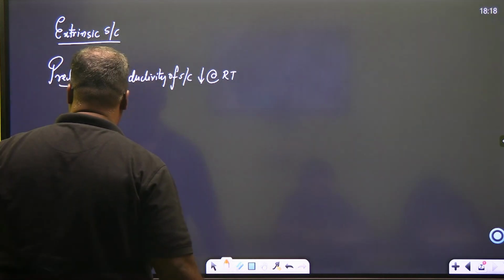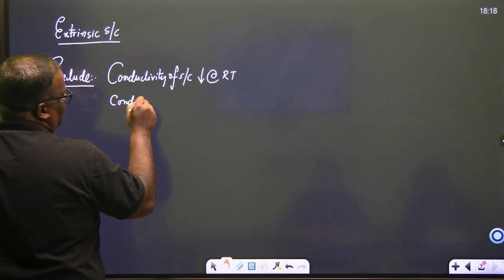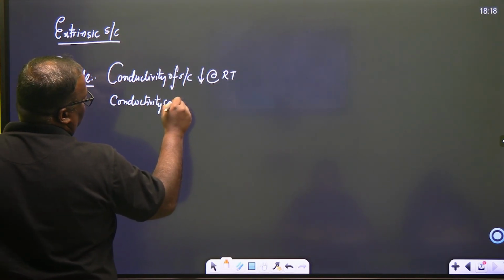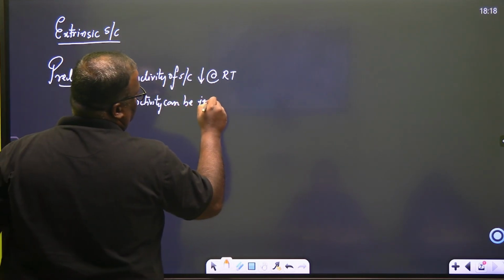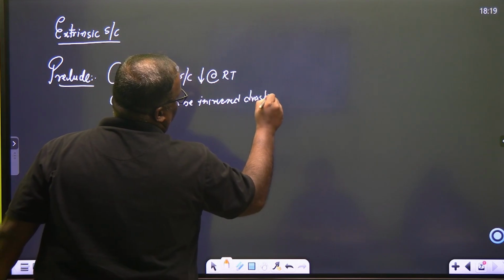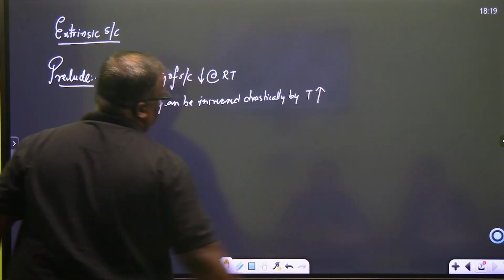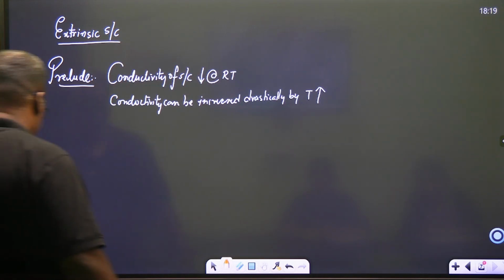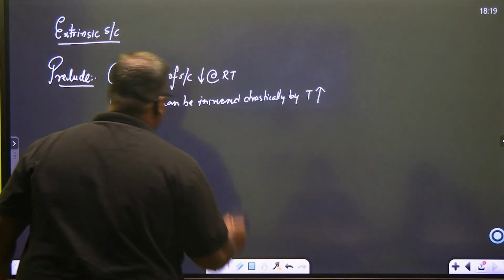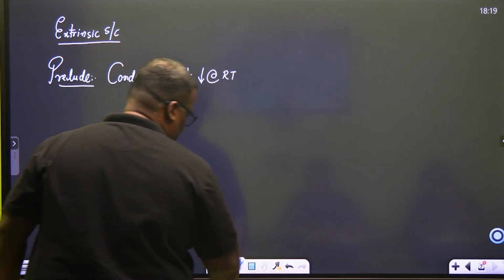Rather, we'll not write this. We'll keep it like this. Conductivity of semiconductors is low.